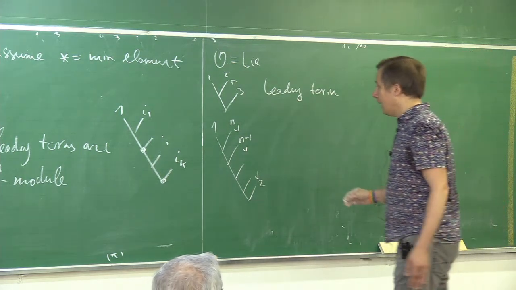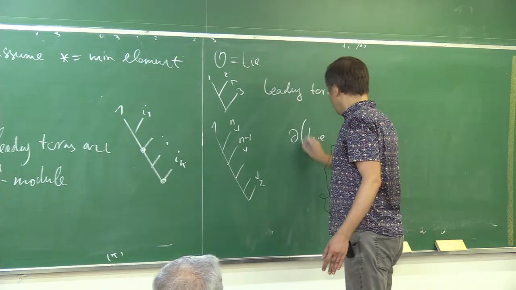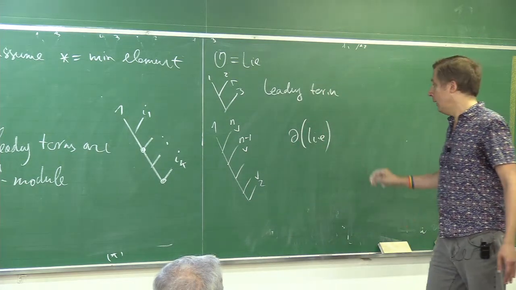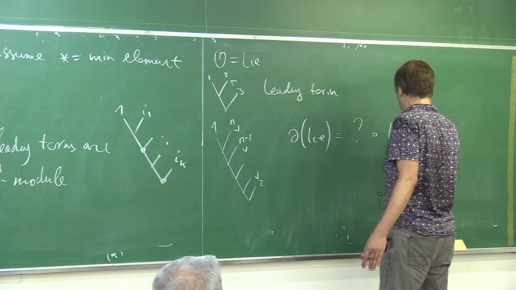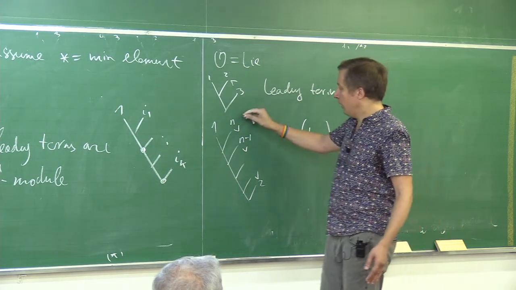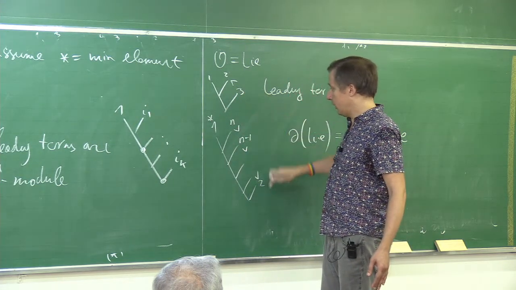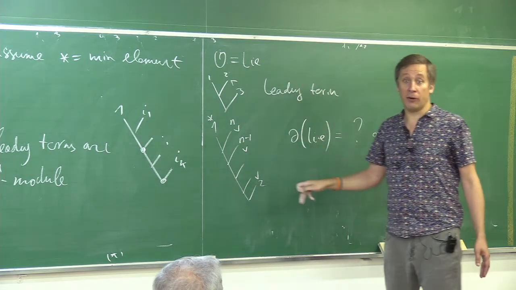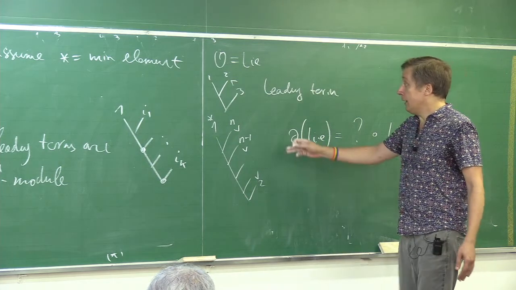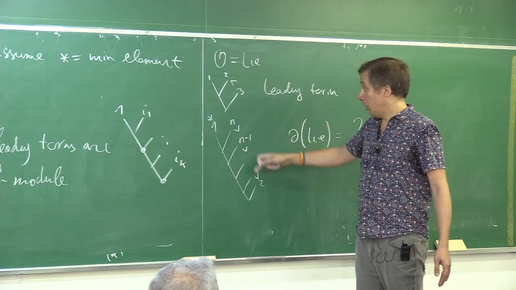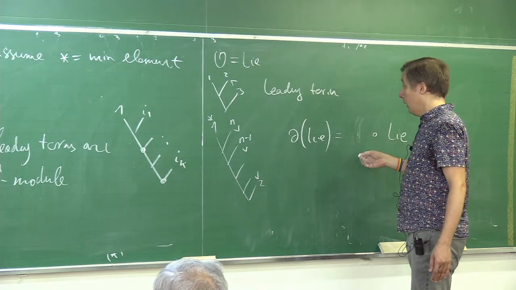And then D of O is equal to something composed with Lie. So now in all the terms, this 1 becomes star, and in all these terms we can substitute whatever we want to substitute. And of course, in every arity we have just one element.